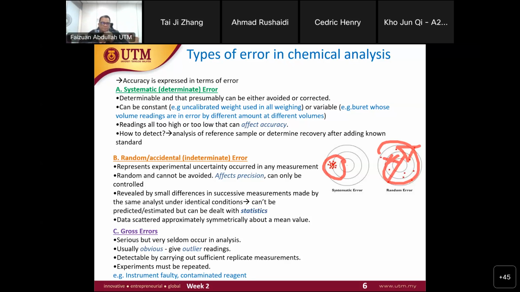I think you have done also in your lab for AAS, right? Come on, guys. Recall back. What do we call that method? Standard addition method, doctor.